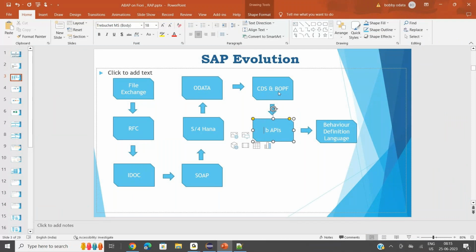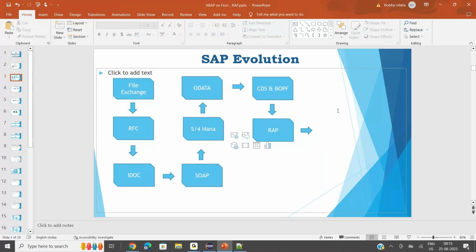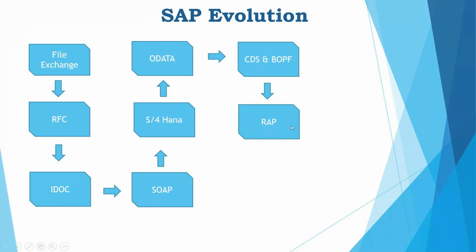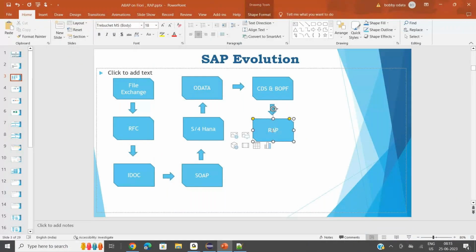In the S4 HANA system, for versions less than or equal to 1909, we have CDS and BOPF. Afterwards, for versions greater than or equal to 1909, RAP has come into the picture. Of course, we have CDS here also, but BOPF got replaced with RAP.